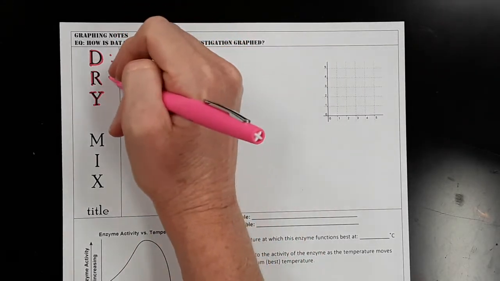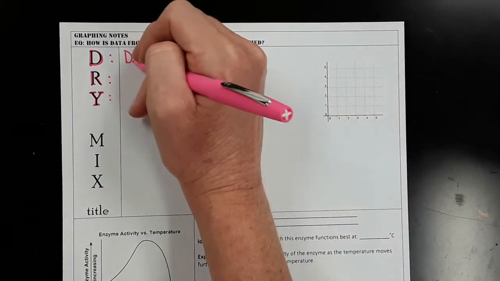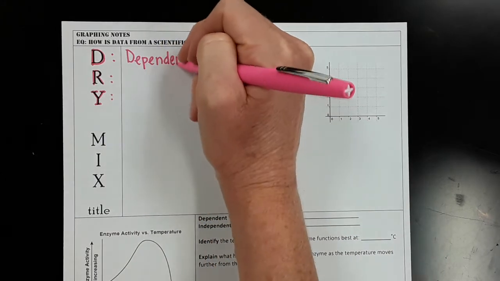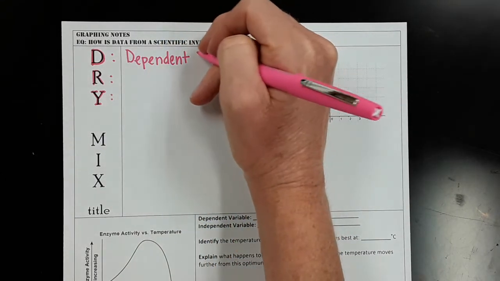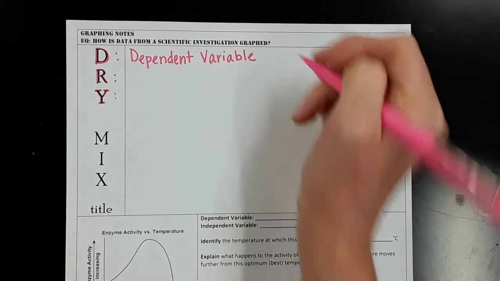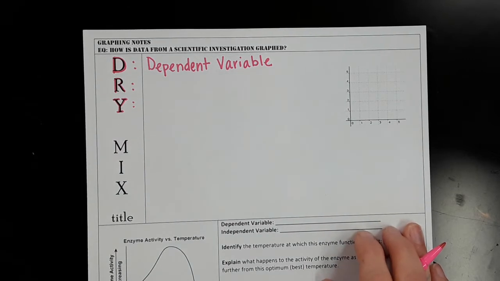In an experiment, when you think scientific method, there is always a dependent variable. My least favorite definition in a textbook says the dependent variable depends on the independent variable, which is not helpful.